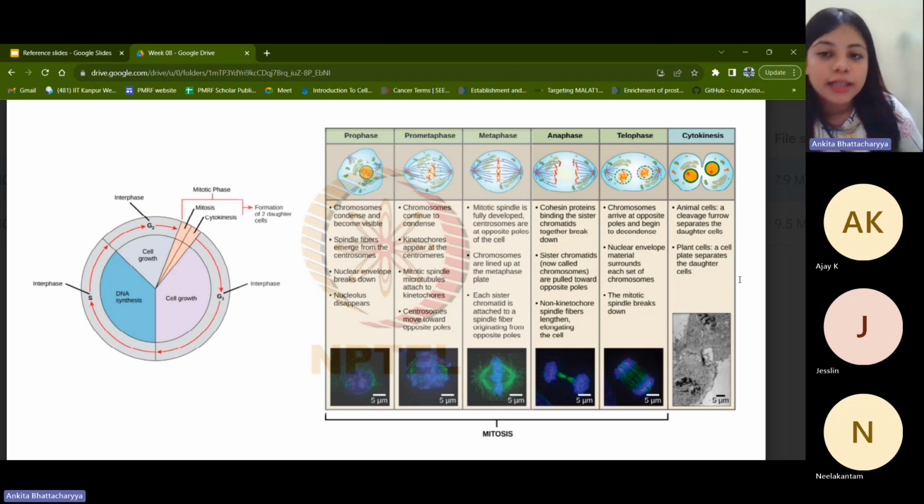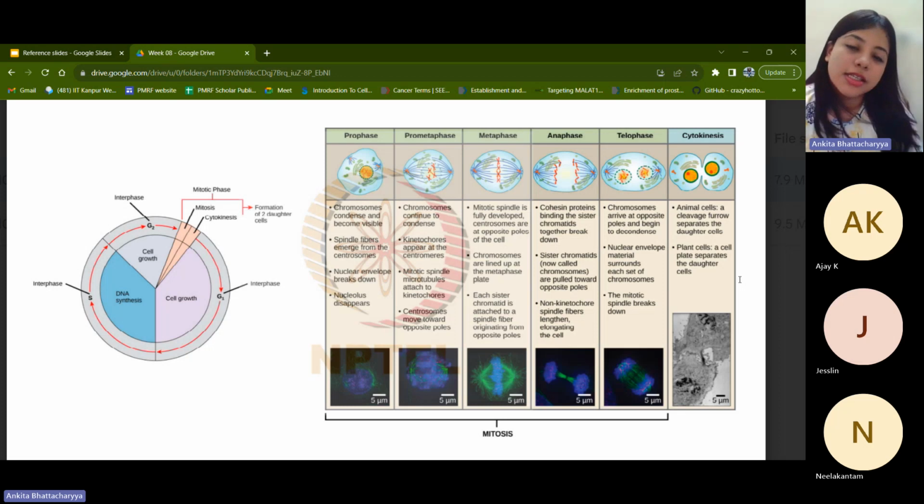To mediate that, cohesin proteins, which bind the sister chromatids together, break down, and the sister chromatids, which are now called chromosomes, get pulled towards the opposite poles. Now, non-kinetochore spindle fibers lengthen and eventually elongate the cell.